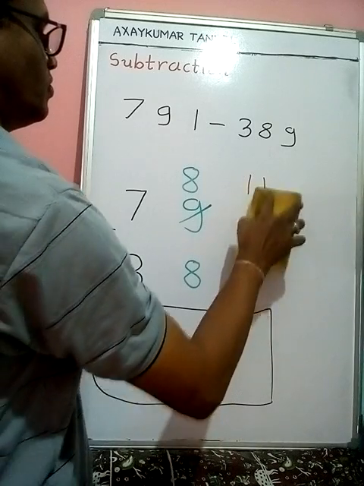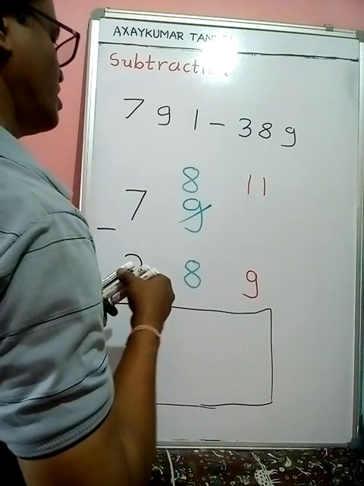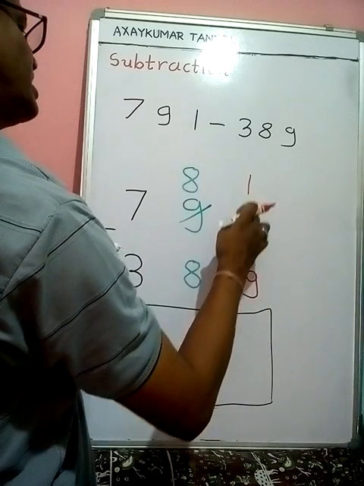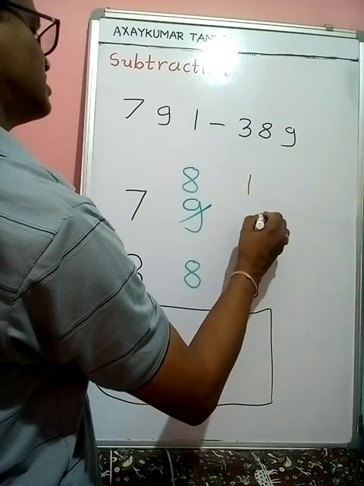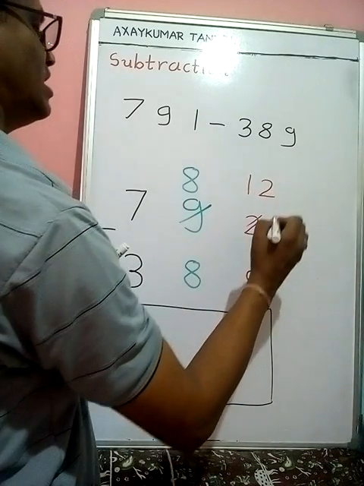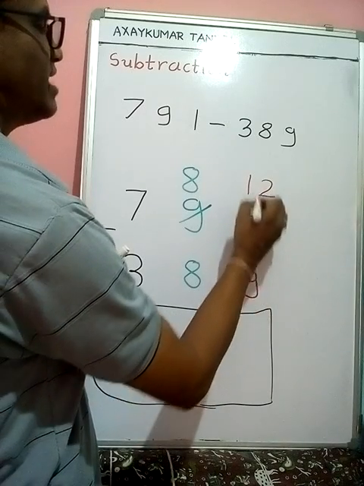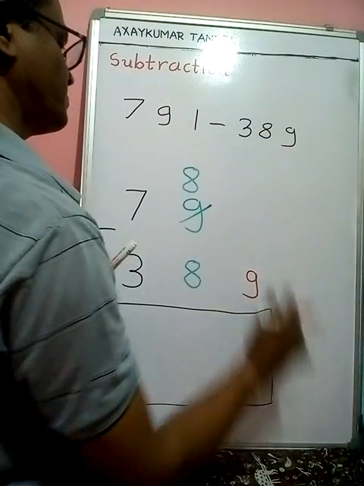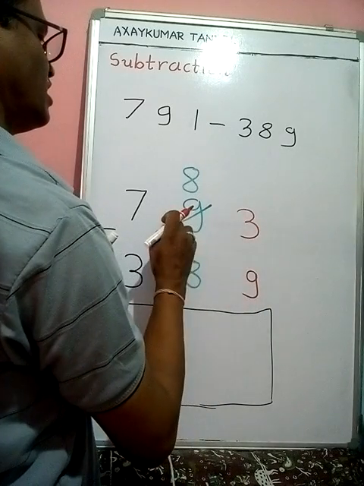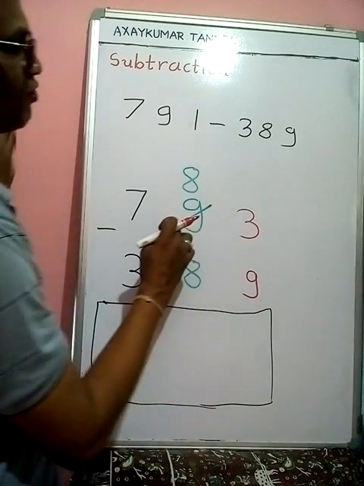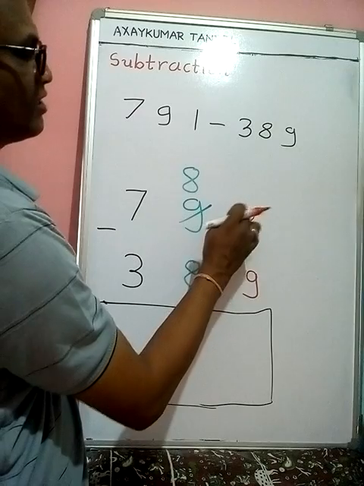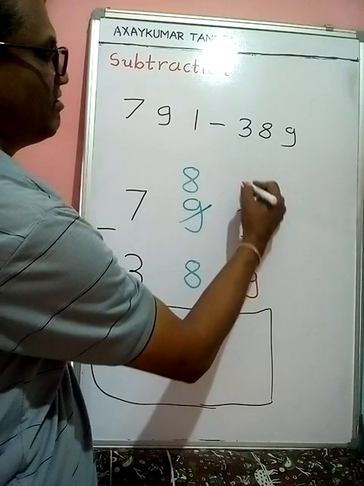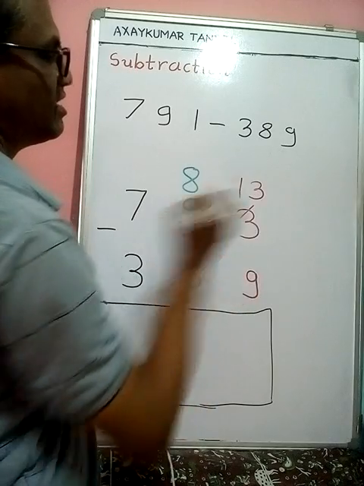If here is 2, so 10 plus 2, we take 10, so 2 becomes 12. 2 ones become 12 ones. If we write here 3, we borrow 1 ten from 9, so 3 becomes 10 plus 3 is equal to 13 ones.